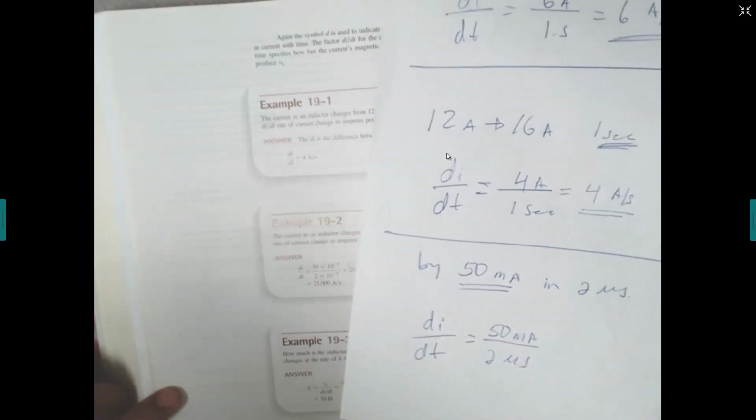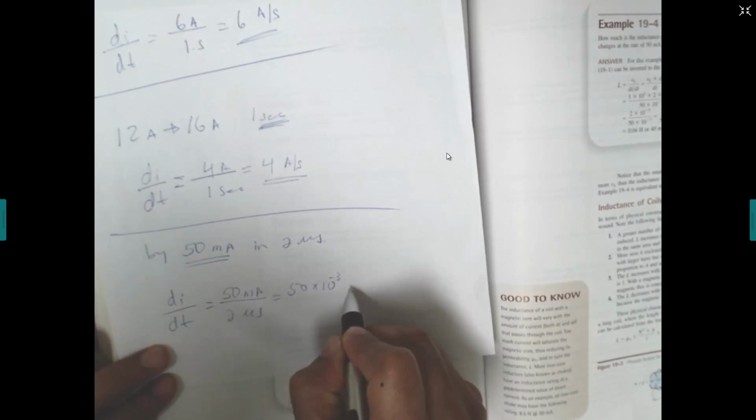Okay, so what we have here is the following. If we have 50 milliamps, that would be 50 times 10 to the negative 3 amps. And 2 microseconds is 2 times 10 to the negative 6 seconds. Because we are looking for an amount in amperes per second, we need to change from milliamps to amps, and from microseconds to seconds.